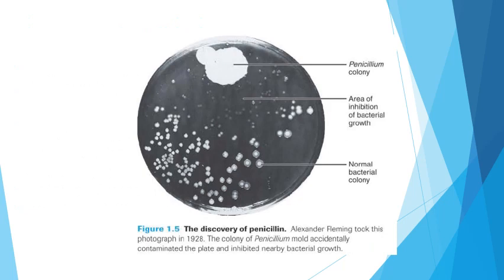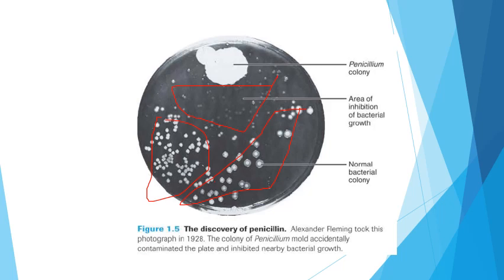Here we have a photograph in this slide that clearly shows the action of Penicillium as an antibiotic. These dots are the bacterial colonies, but this area is free from any bacterial colony.